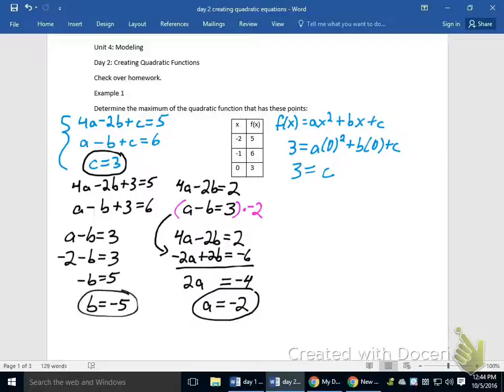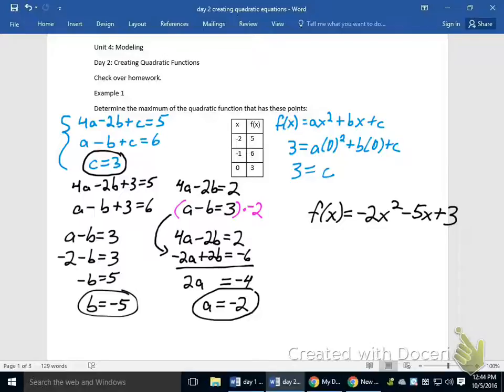So here are our three values, and now we've finally created a function. f of x equals negative 2x squared from my a value, minus 5x from what b was, plus 3. This describes my quadratic function.